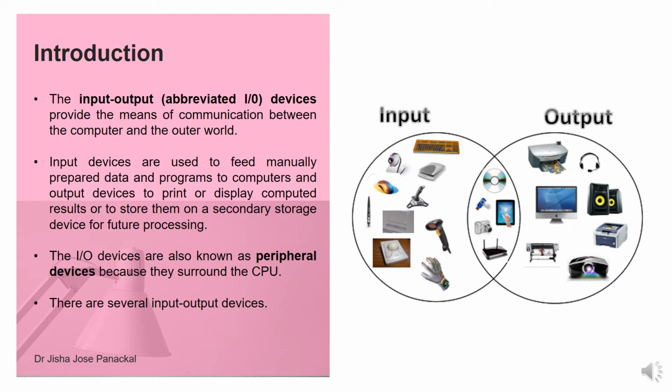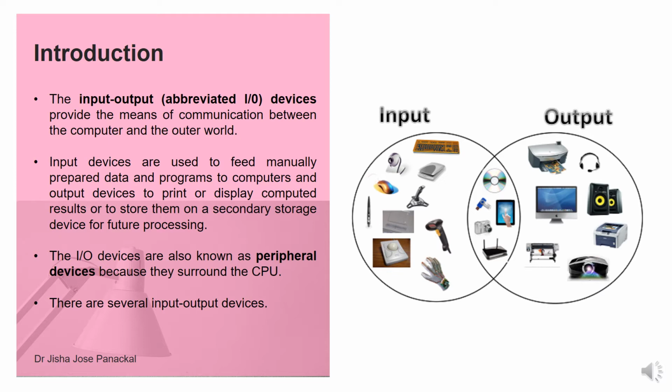Input devices are used to feed manually prepared data and programs to computers, and output devices print or display computer results or store them on a secondary storage device for further processing. So we know the functions of the input unit and output unit. All devices under each category will do the functions as we discussed earlier.